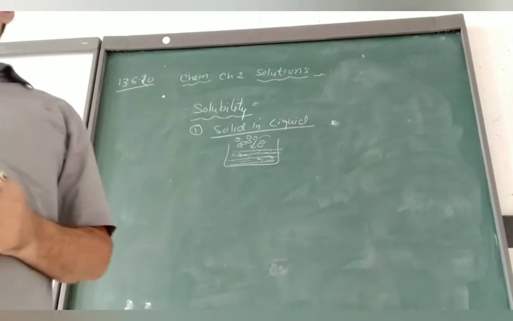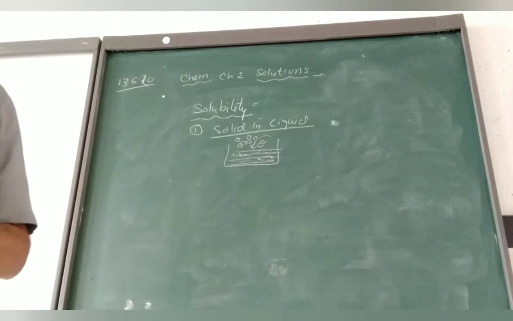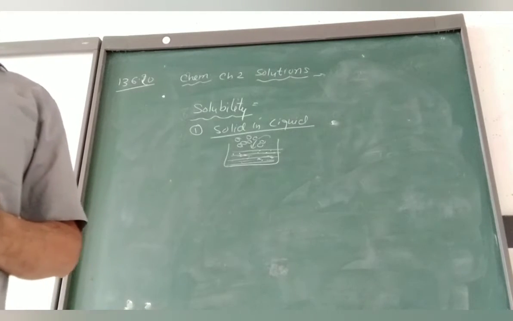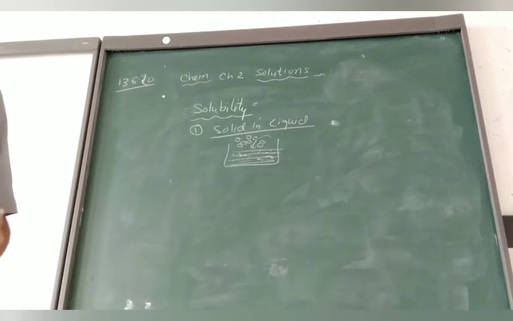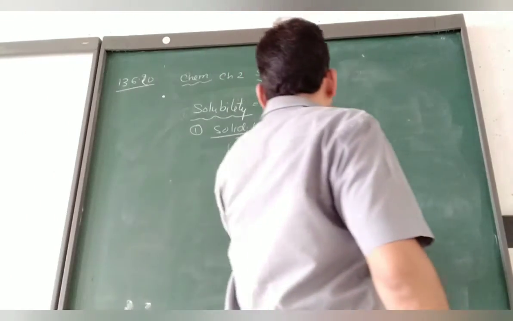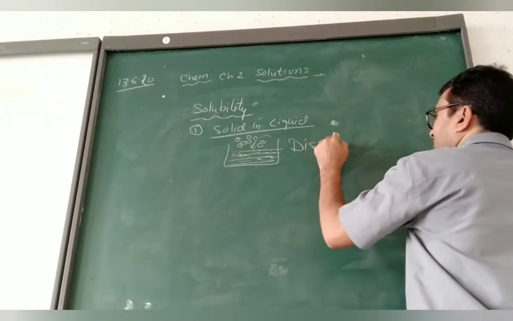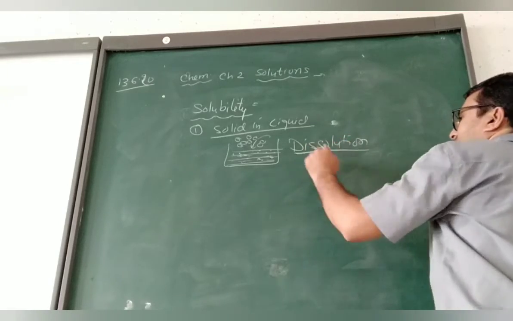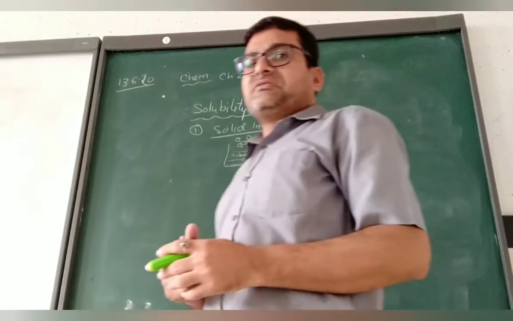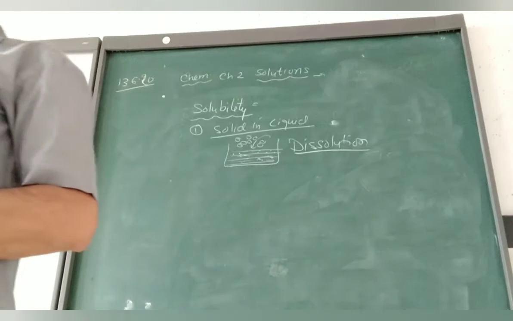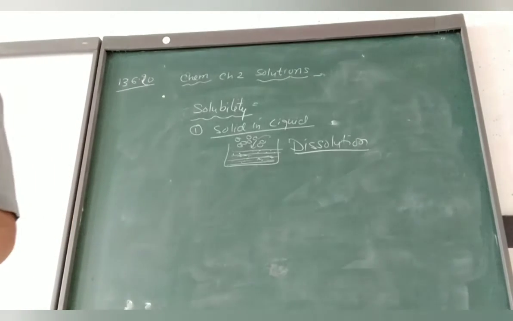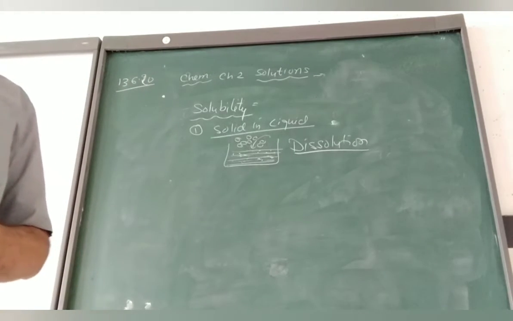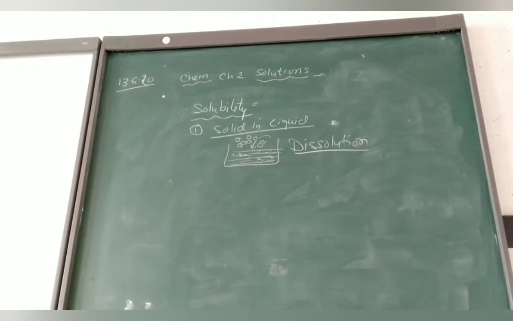Now some solute dissolves and its concentration increases. This process is known as dissolution. Concentration continuously increases, dissolution is taking place. And some solid particles in the solution collide with the solid particles and get separated out of the solution.